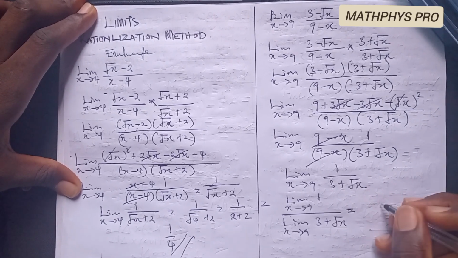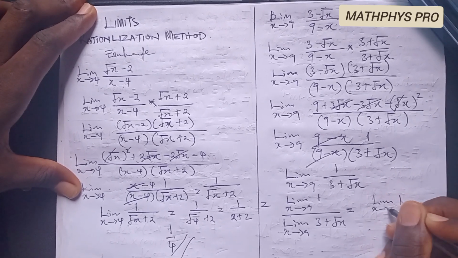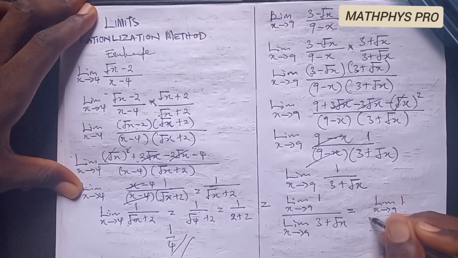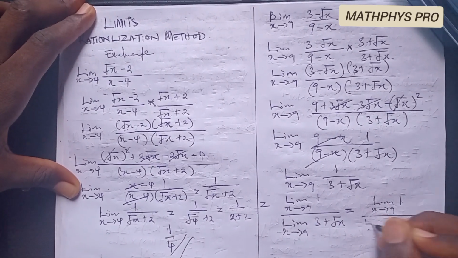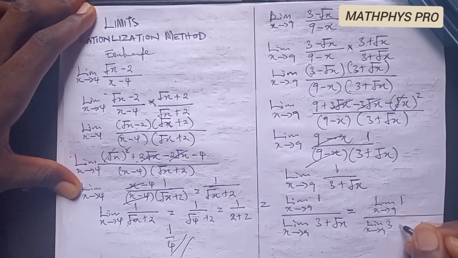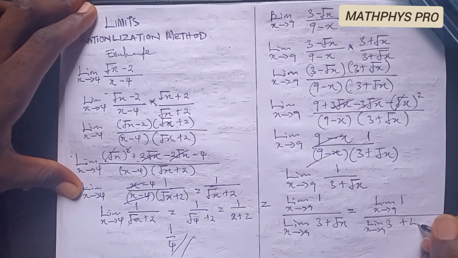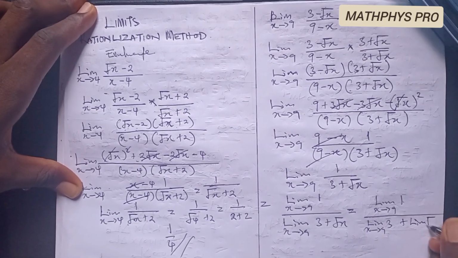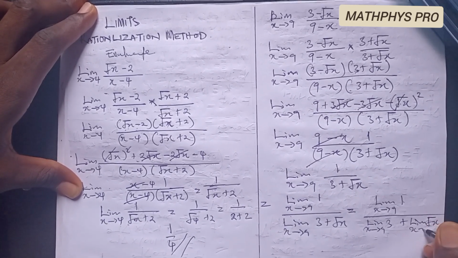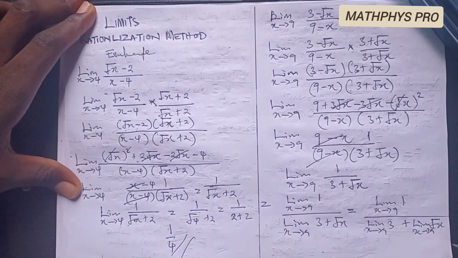This is equal to the limit of 1 as x approaches 9 over the limit of 3 as x approaches 9 plus the limit of root x as x approaches 9. So now we can substitute wherever we see x, we put 9.